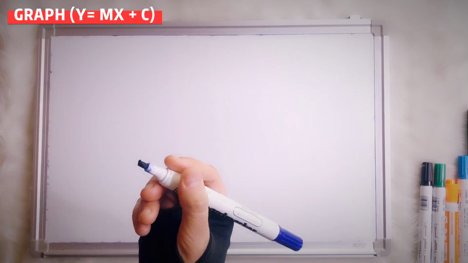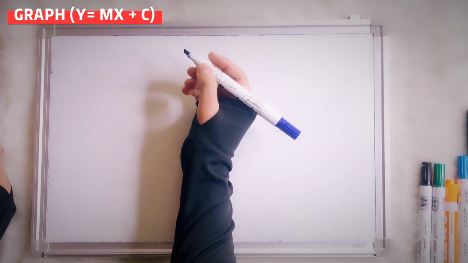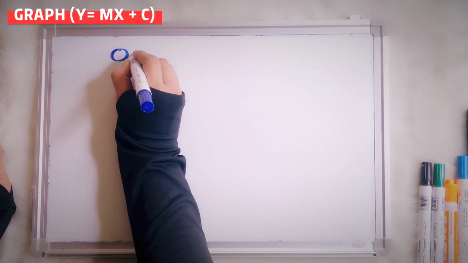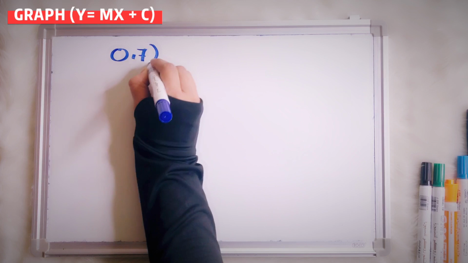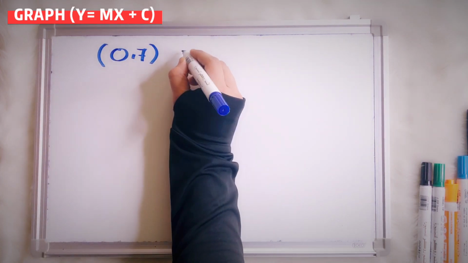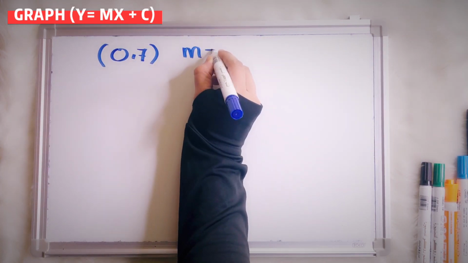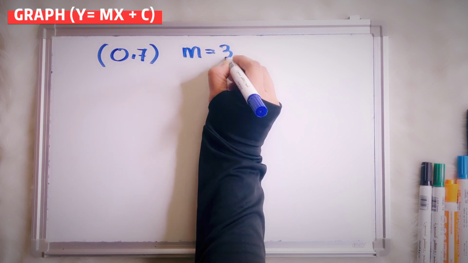Let's say I give you the coordinate (0, 7), and you already know your gradient is m equals 3.